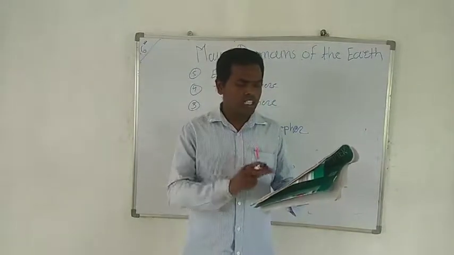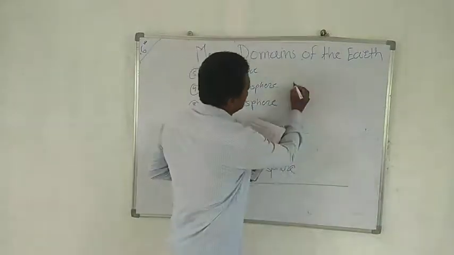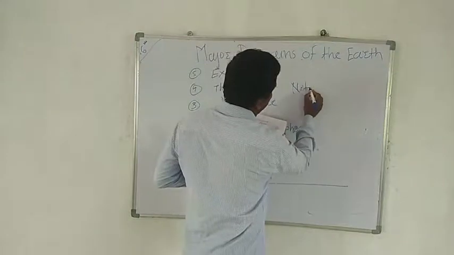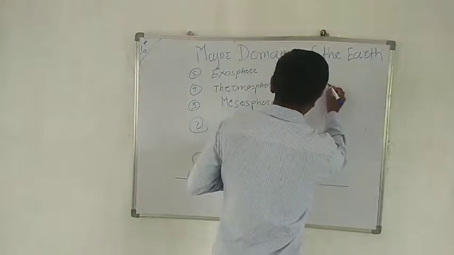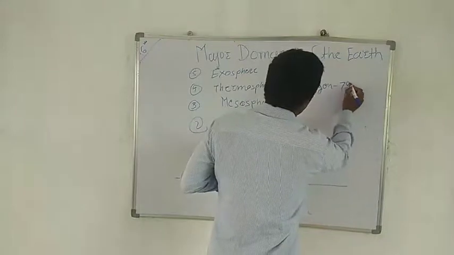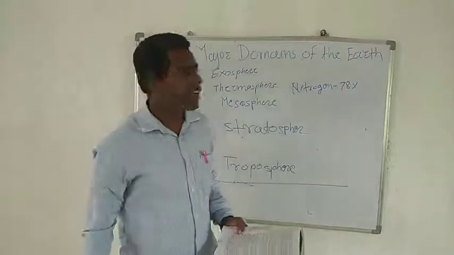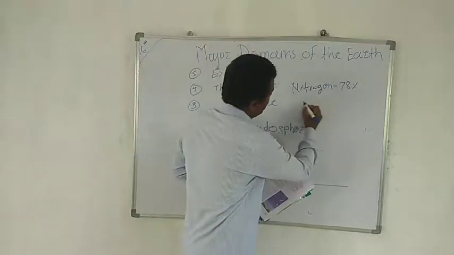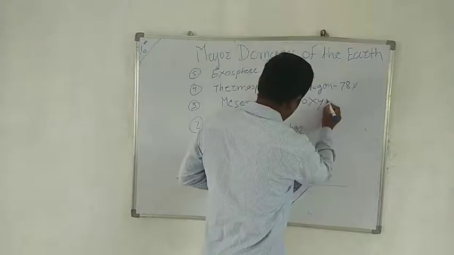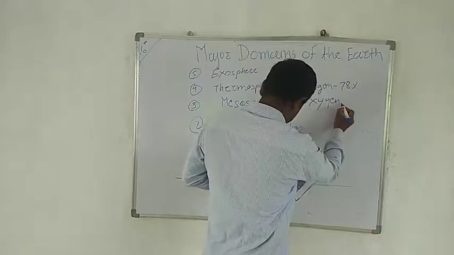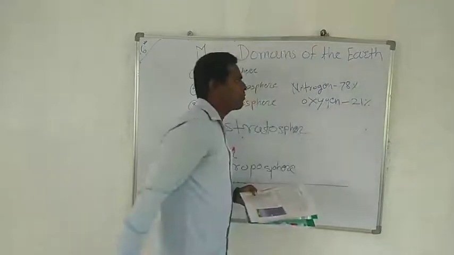Nitrogen is 78% of the atmosphere, and oxygen is 21%.